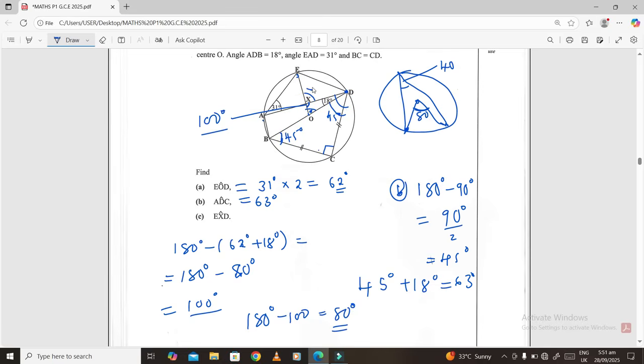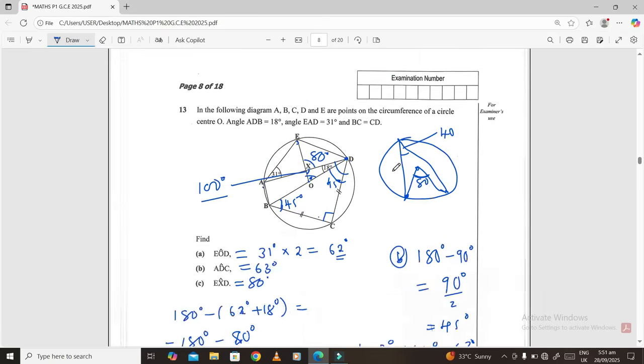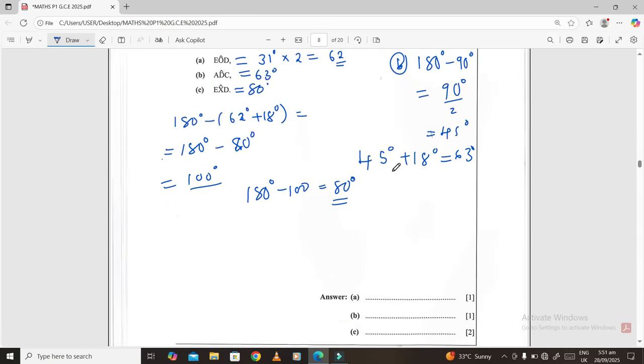Meaning the angle at x is 80 degrees right here. Okay? So we can even show that this is 80 degrees. Remember, all these steps must be shown, and you write here the answers.